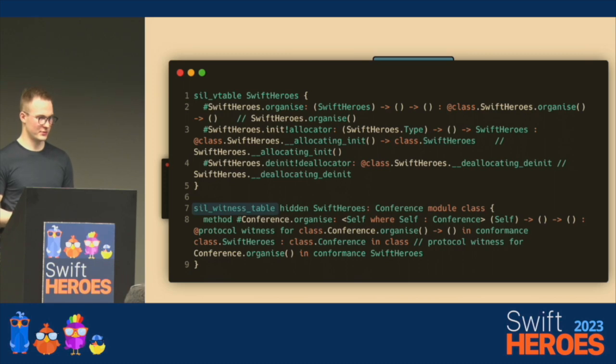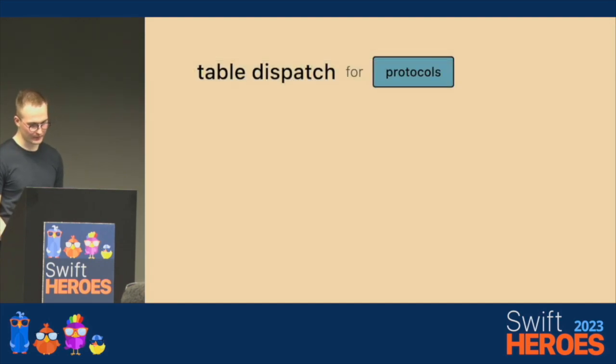So as you can see, the polymorphism will be accessed by two tables. The one which is the virtual table for classes, and when we access it via the protocol, it will be the witness table.